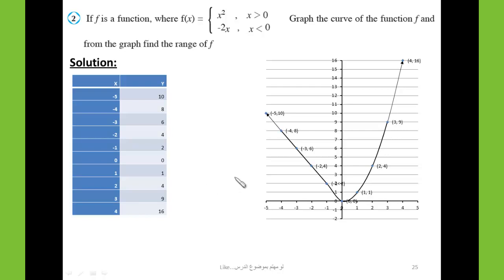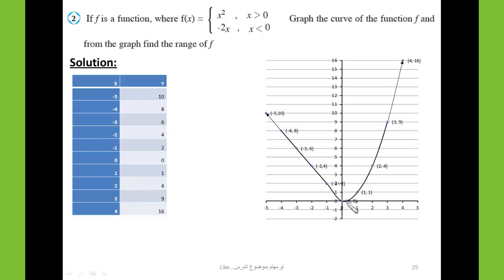a curve or a graph for each branch. The second branch here is represented by this ray starting from 0 to infinity, because x is less than 0. And the first branch here is a part of a quadratic function.